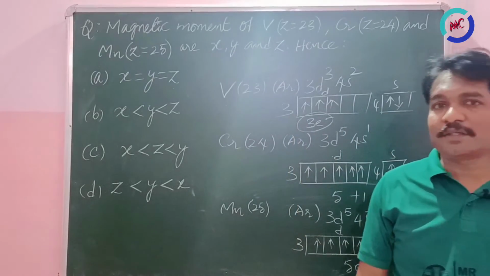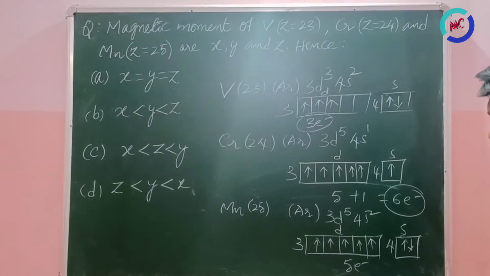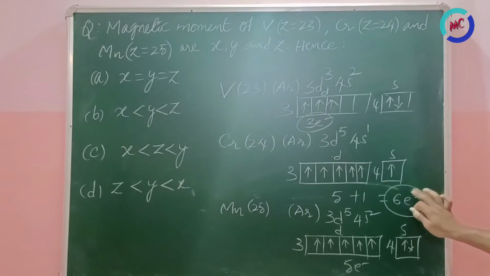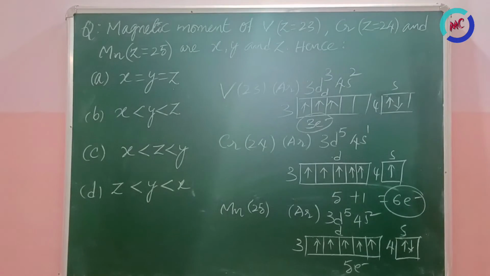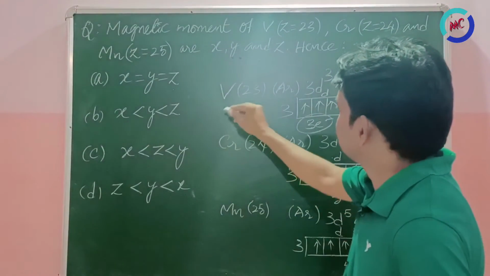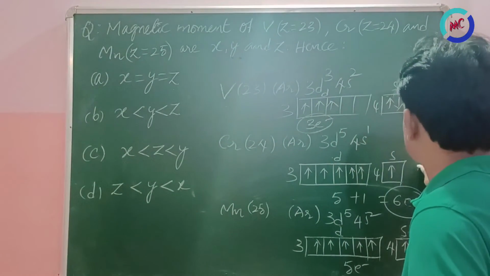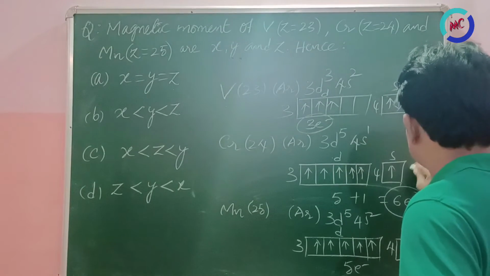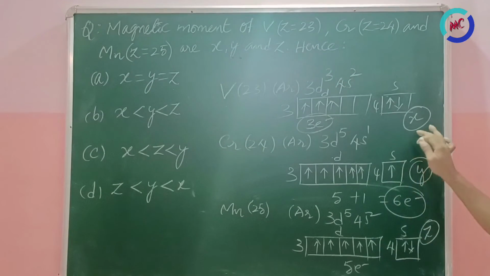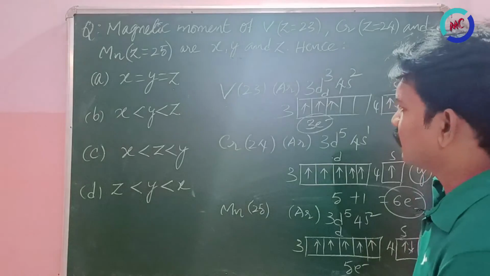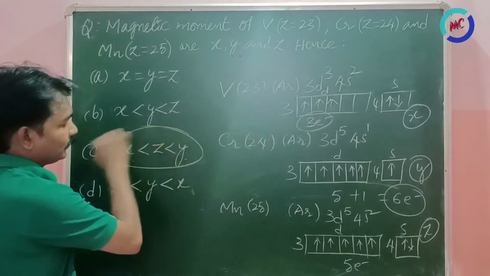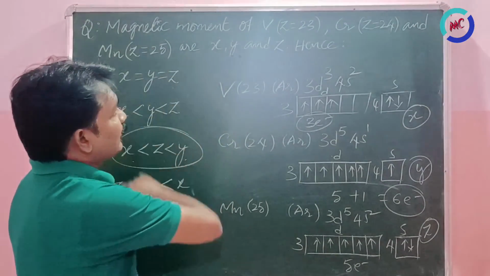The more the number of unpaired electrons, the more will be the magnetic moment. Then which one has more magnetic moment? Chromium. Here they gave X, Y, Z. Then it is X for vanadium, Y for chromium, Z for manganese. Y has more, next Z and then X. Y has more and then Z, and this is the correct order for magnetic moment.